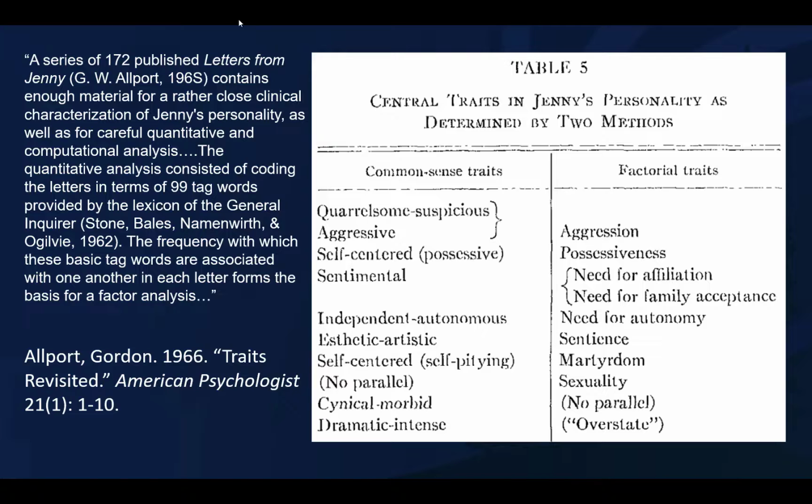He also published this analysis using the general inquirer system and the lexicon of positive and negative words, in addition to some psychological associations beyond what we'll do today, in order to compare and contrast what clinicians on the left of this really old school table 5 saw in this patient's letters, this quote-unquote Jenny, a pseudonym, who had 172 letters analyzed by clinicians, and then used the general inquirer system in order to generate a series of outcomes, a series of categories of characteristics, and found that a number of them corresponded.